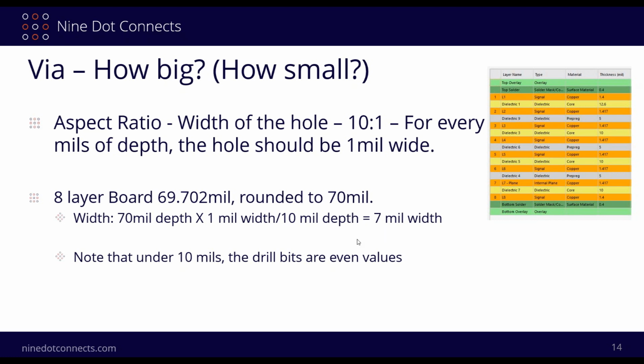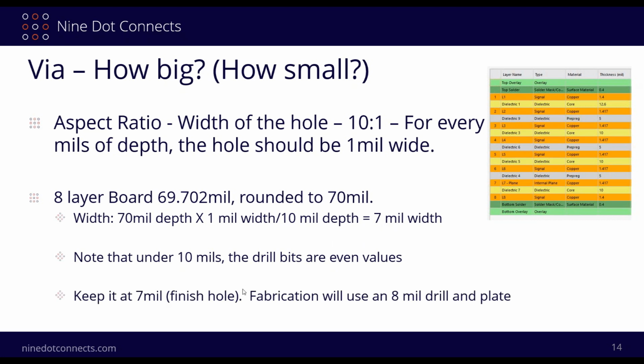The question is, can I make use of the 7 mil? And the answer would be yes. So I don't have to bring it down to 6. And the reason I don't need to bring it down to 6 is that my 7 mil hole over here, when I put this into Altium Designer, is considered to be a finished hole. What the fabricator is actually going to do is drill an 8 mil drill, and then plate it afterwards, and it's going to be 1 mil of copper over there.